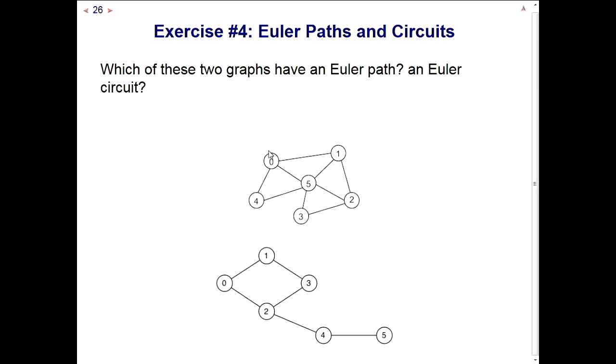We have degree 3 here, we have degree 3 here, and we have degree 3 here. And we have degree 5. So there are lots of nodes with odd degree, and that means we don't have a circuit and we don't have an Euler path. Do we have a Hamiltonian path? Yeah, there are enough edges, so that is very easy. But now we are interested in Euler paths and Euler circuits.